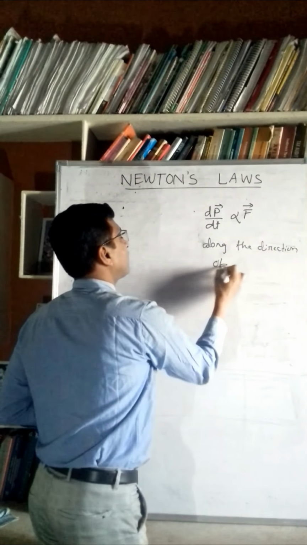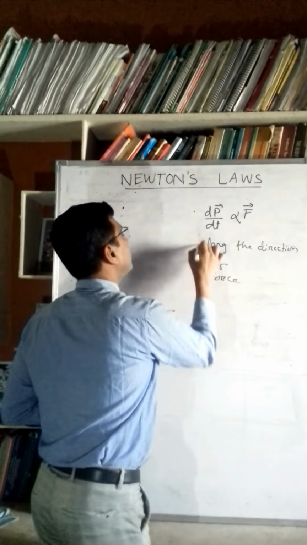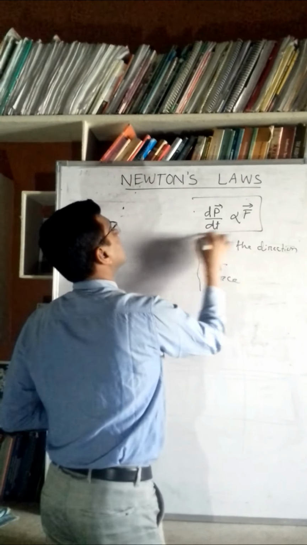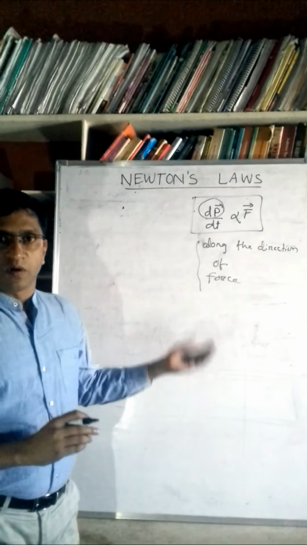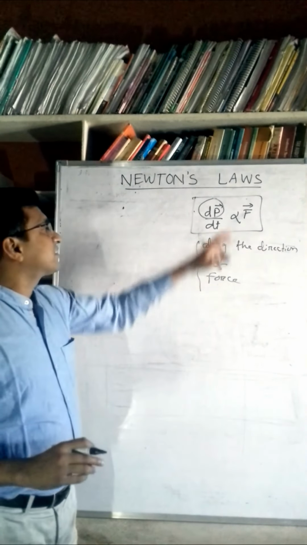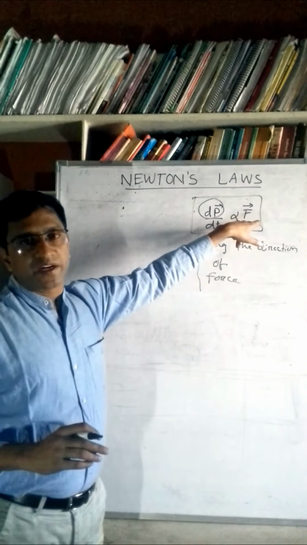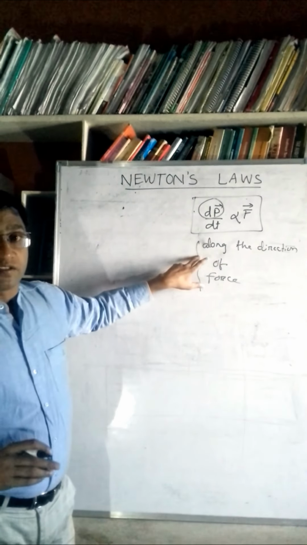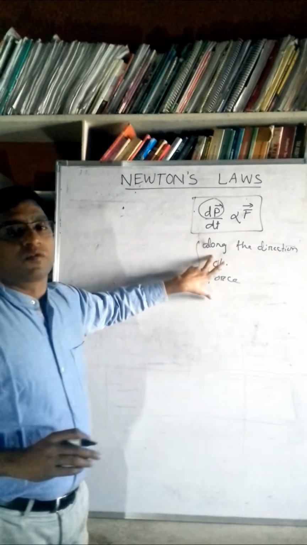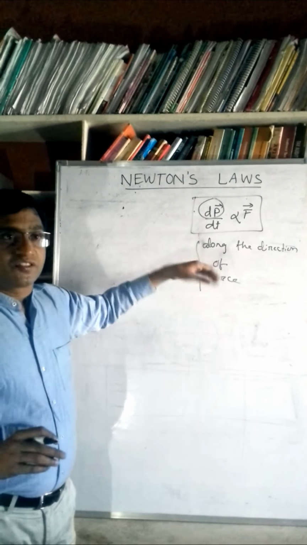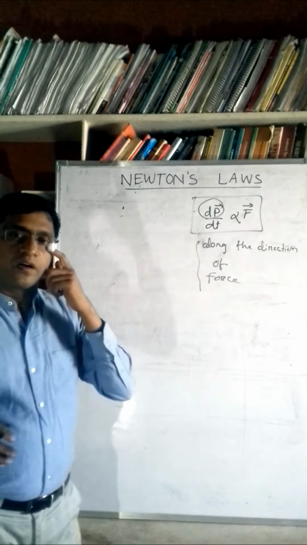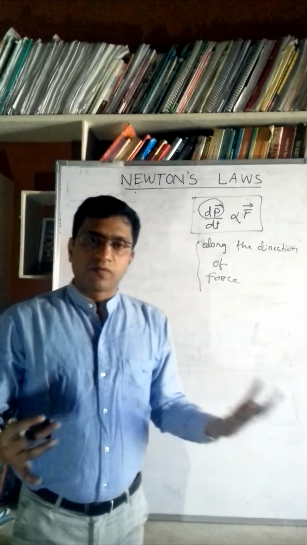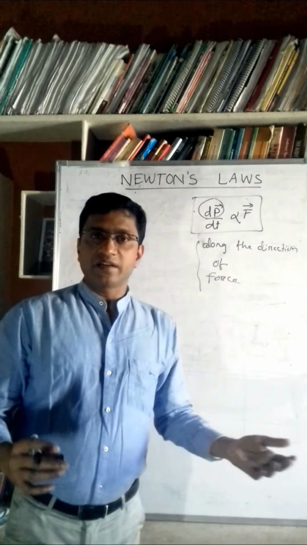So in one case it tells us that the rate of change of momentum produced in a body is directly proportional to the force applied to it. In another case, it also tells us that the movement is changing along the direction of application of force. Let us now find out the quantity of force applied on it by taking an example.